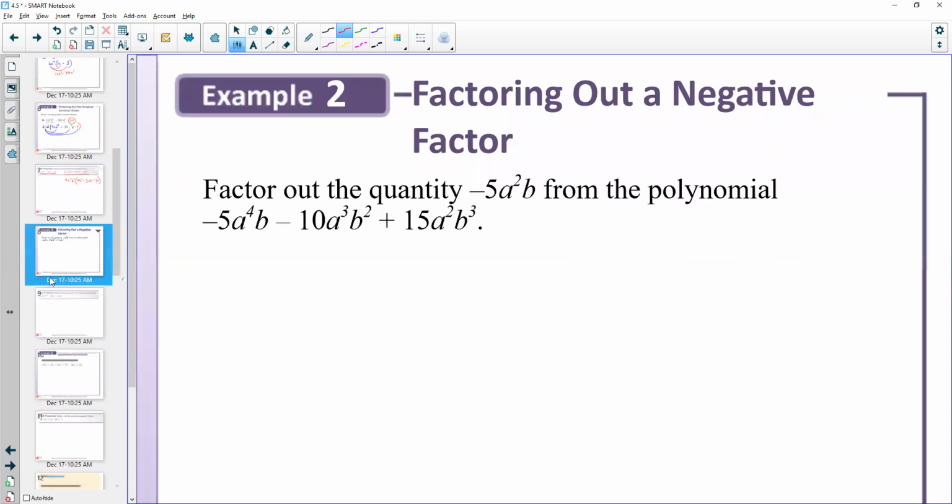All right. So in this case, I want to factor out a negative. It tells me to factor out negative 5a squared b from this polynomial here. So I'm going to take out a negative. When I take out a negative, what it's going to do is flip everybody's sign that's left inside the parentheses.